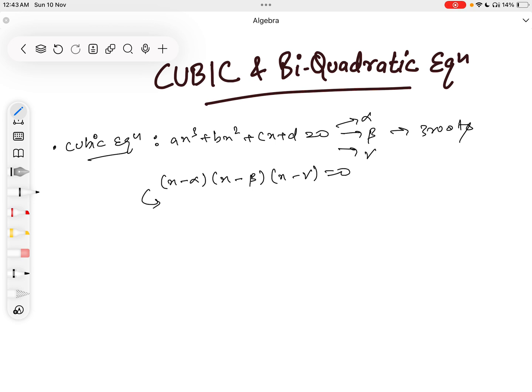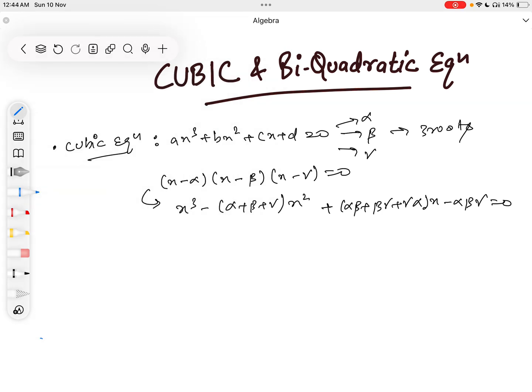Now if I expand this, this will be x cube minus alpha plus beta plus gamma x square plus alpha beta plus beta gamma plus gamma alpha times x, minus alpha beta gamma equals to 0, right? This is the equation.